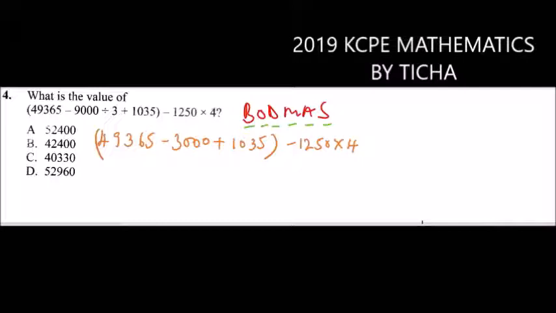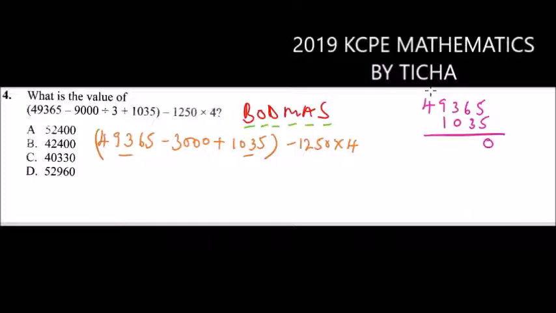Now again, we apply the BODMAS. We don't have division or multiplication inside the bracket, so we go to addition. So we are going to add this value and that value. You write 49,365 and add 1,035.